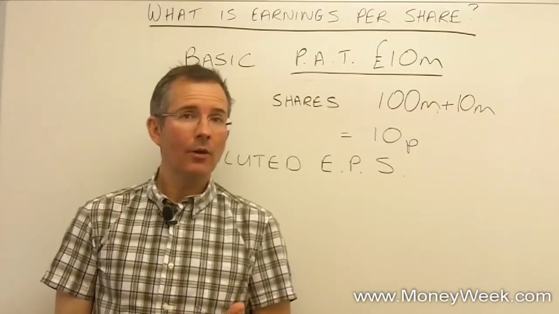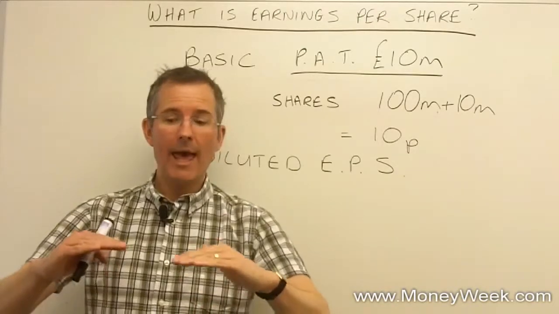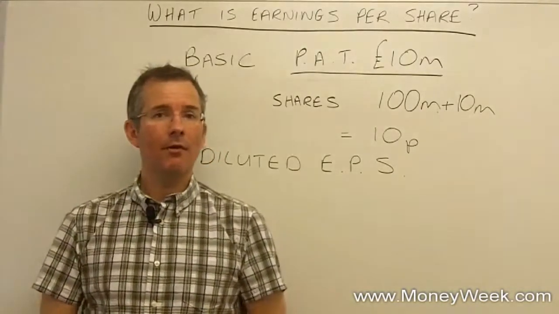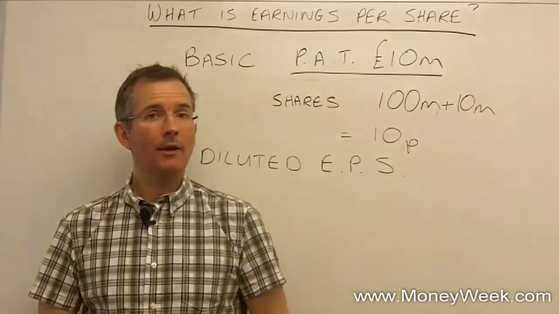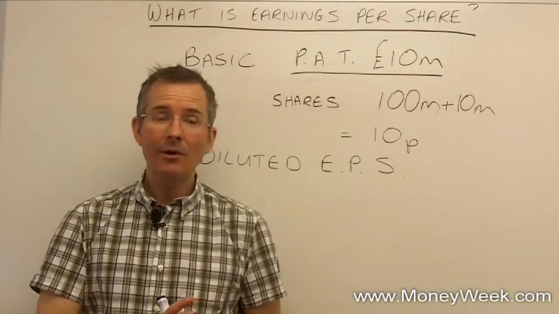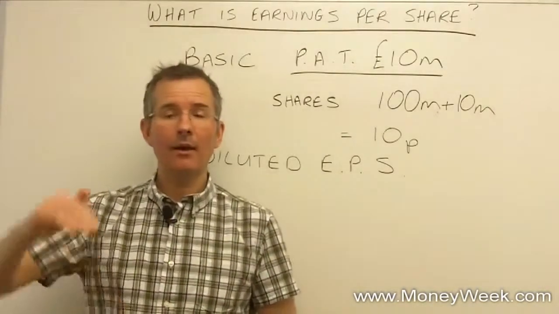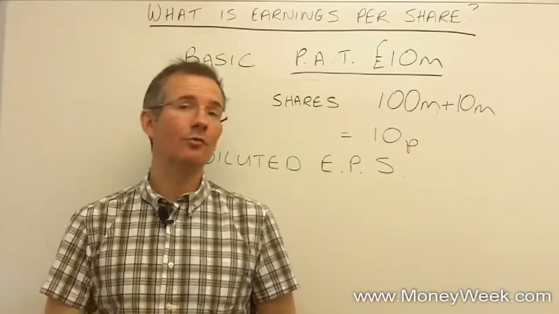Now what would that do? Well, if a company's got debt outstanding and the people who've lent the money have decided rather than have it paid back, they'd like to take some shares in the company instead, literally convert, what would happen is on the balance sheet, debt would disappear and suddenly the number of shares issued would rise.